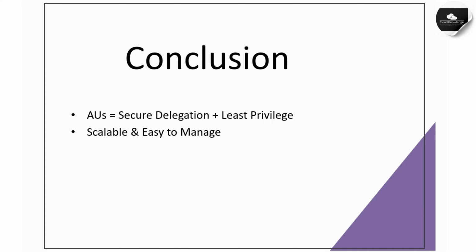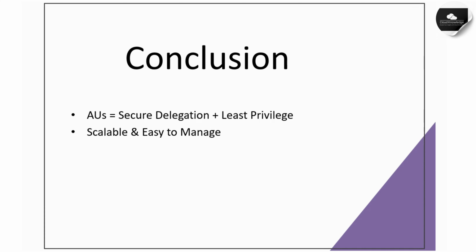And it is scalable and easy to manage, like you can scale it and easily manage it. If you want to check a particular AU, you can just go to that AU and find the audit logs for that particular department-wise or region-wise AU that you have created.